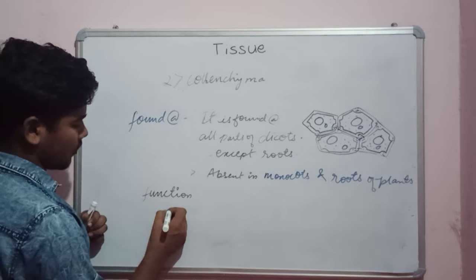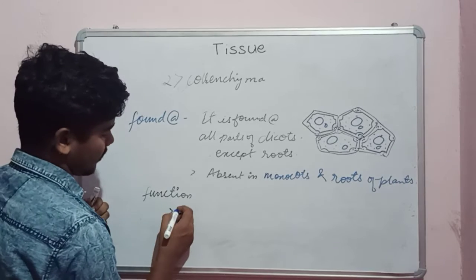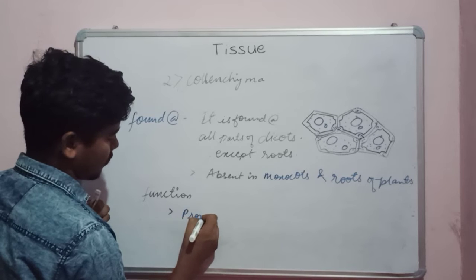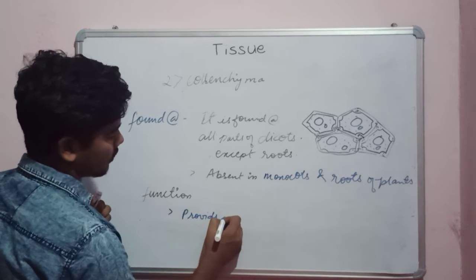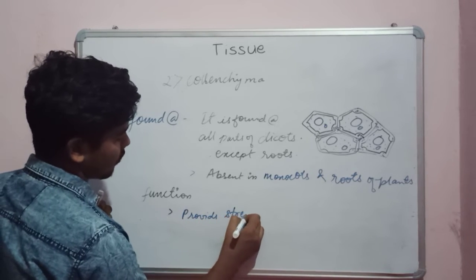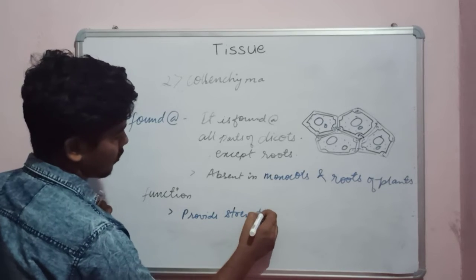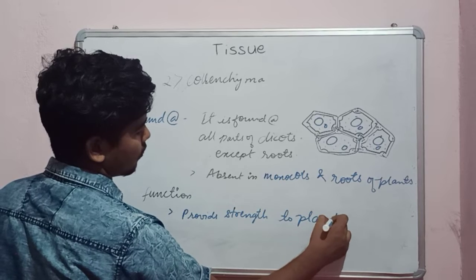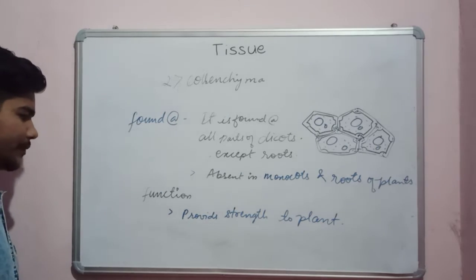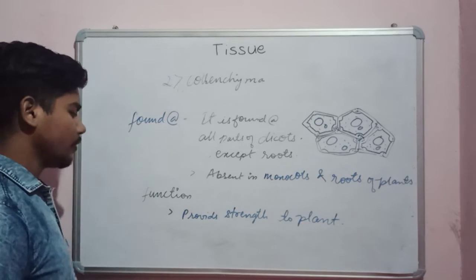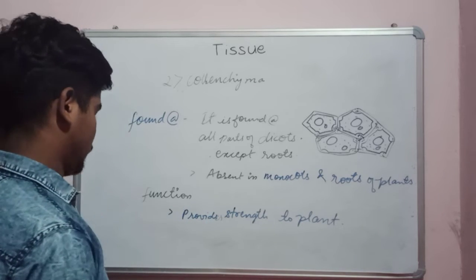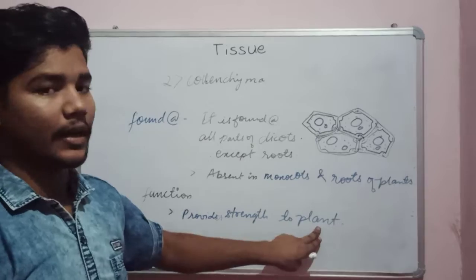The main function of collenchyma is that it provides strength to the plant.